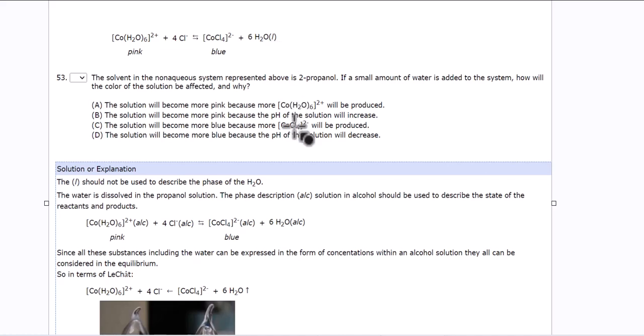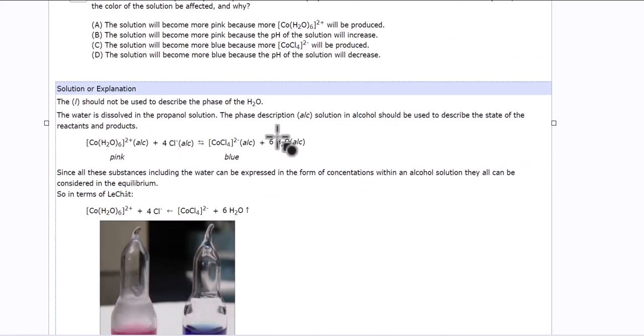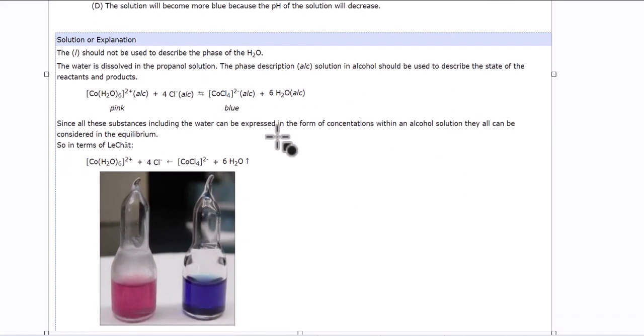Anyway, there's only one choice with this. If you have an alcohol solution, you can change the concentration of water because it's mostly alcohol with water as a solvent. And in this reaction, you've got a cobalt hexaaqua complex, which is a pretty pink. If you add enough chloride to it, like concentrated hydrochloric acid, or if you heat it up, this is an endothermic reaction.